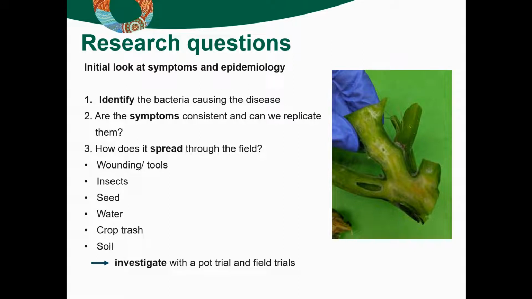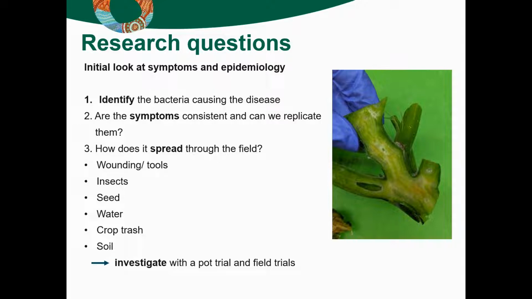So basically, we wanted to take a look at, first of all, what it actually was, identify the bacteria causing this disease. We want to make sure that the symptoms are something we can replicate consistently and reliably. And we also want to know how it spreads throughout the field. Is cutting your zucchini fruit with tools wounding it, and is it spreading that way?